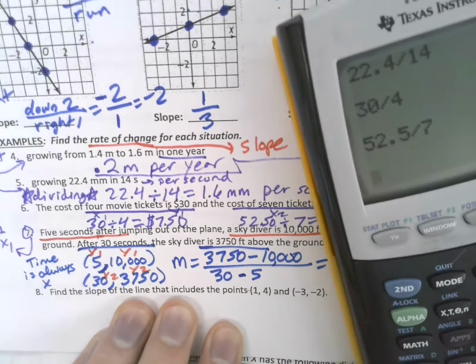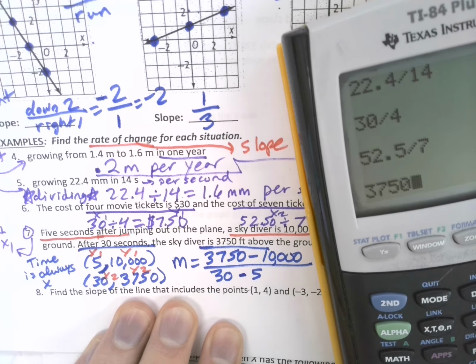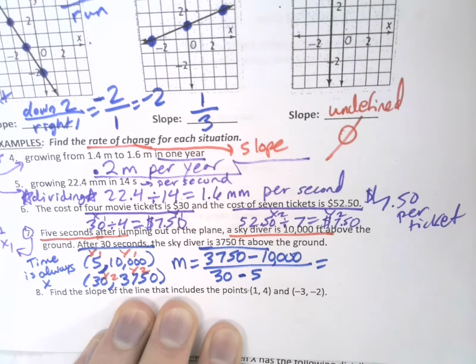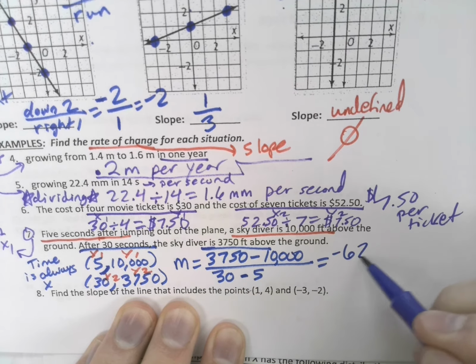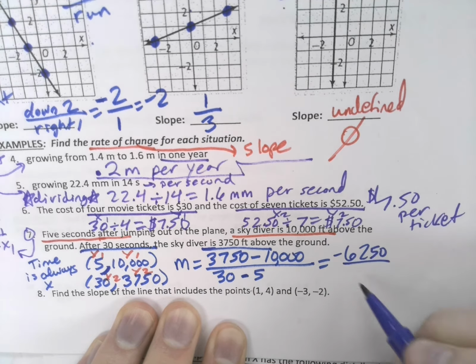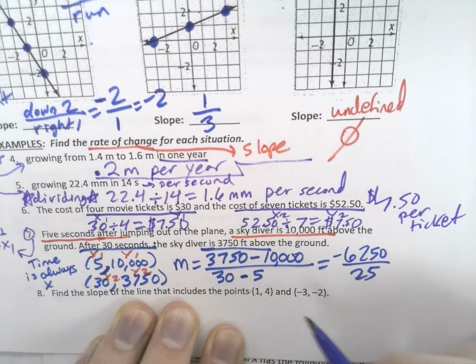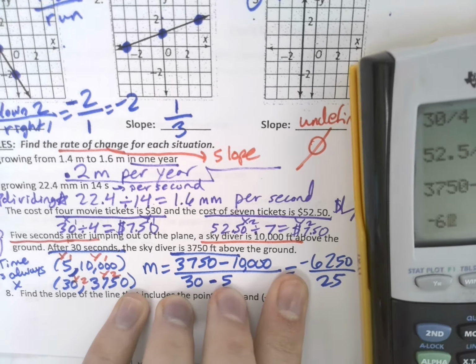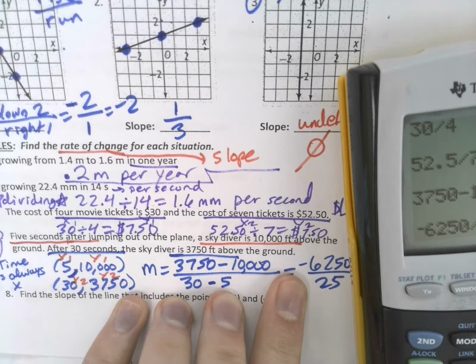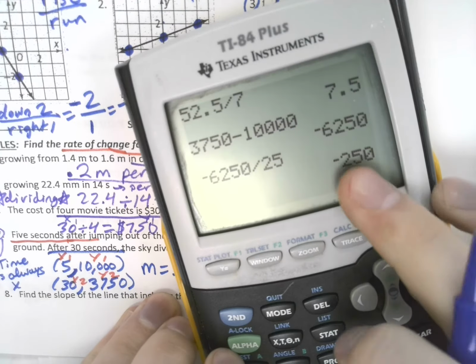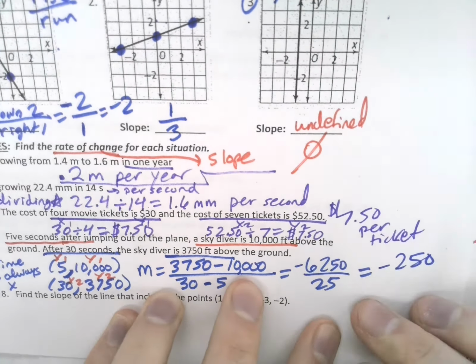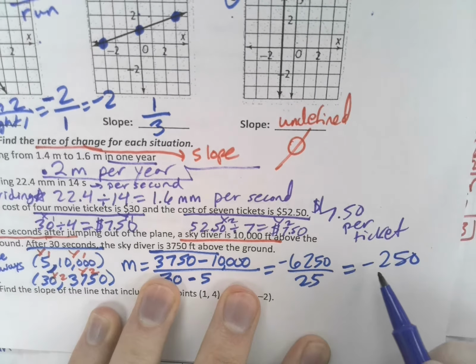Do the math. 3,750 minus 10,000, negative 6,250 over 25. And then that will absolutely reduce. Divide that. Negative 6,250 divided by 25. Hey, negative 250. So how would you interpret that, guys?